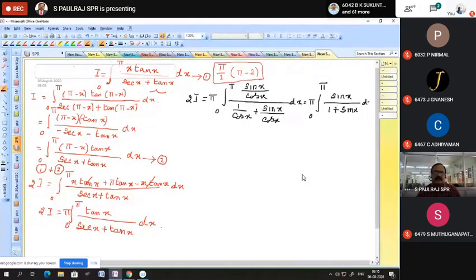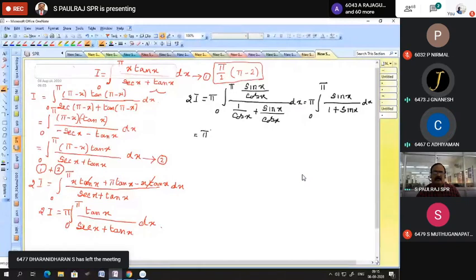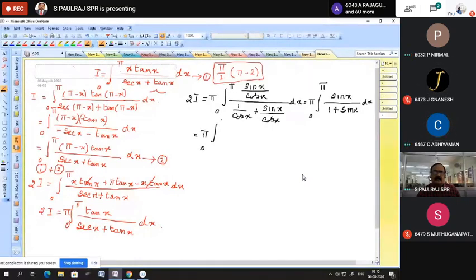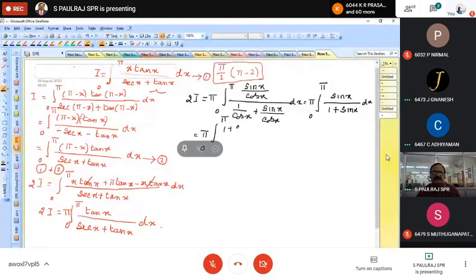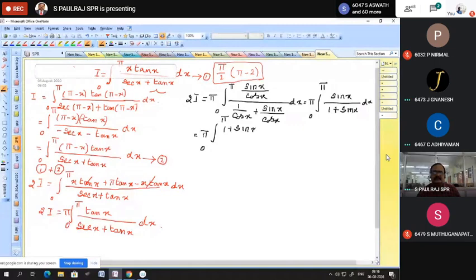This type of problem you already studied. How to do? Multiply and divide by 1 minus sin x, the conjugate. Adding 1 and subtracting 1, already done it. When nothing is on the numerator, multiply and divide by the conjugate.